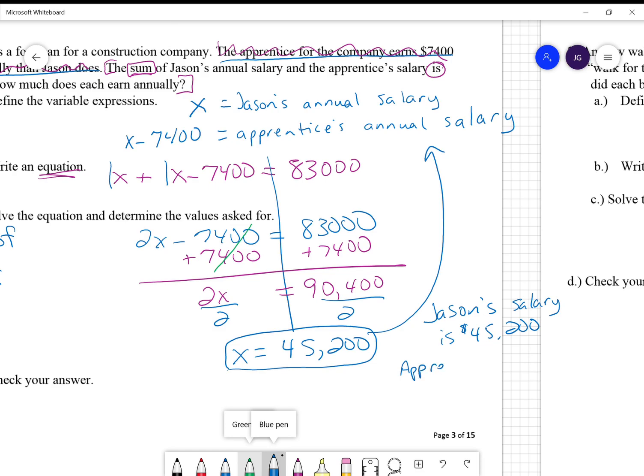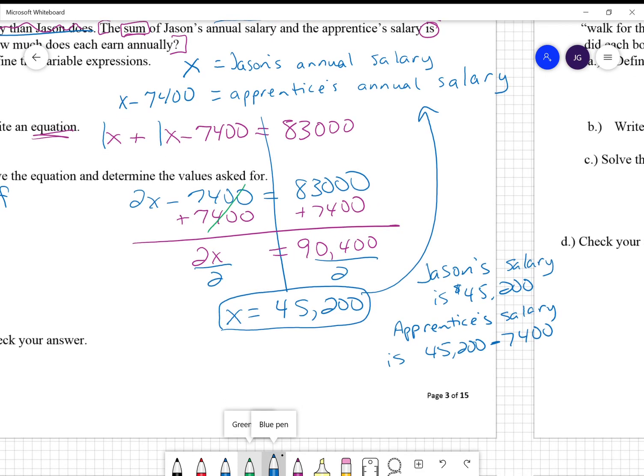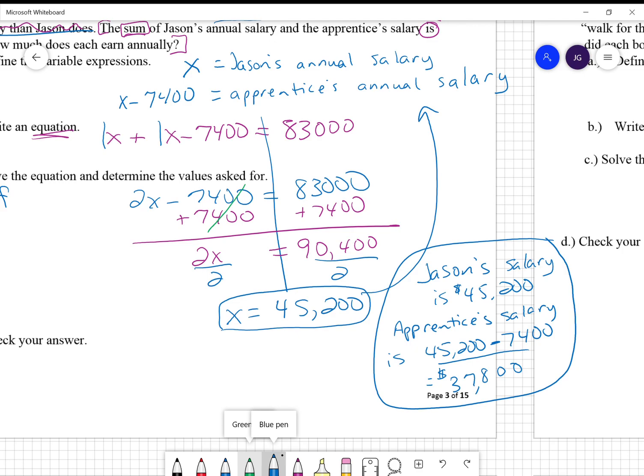Apprentice's salary is $45,200 minus $7,400, $37,800. Notice that I had two unknowns. I have two answers.